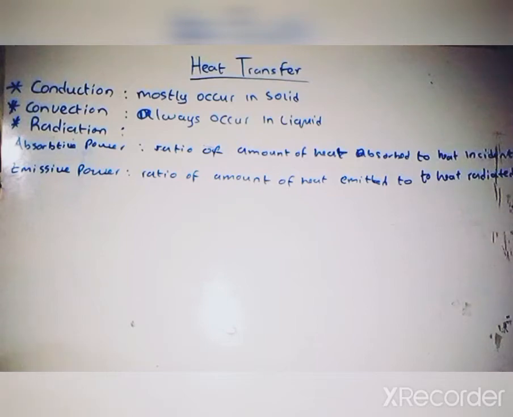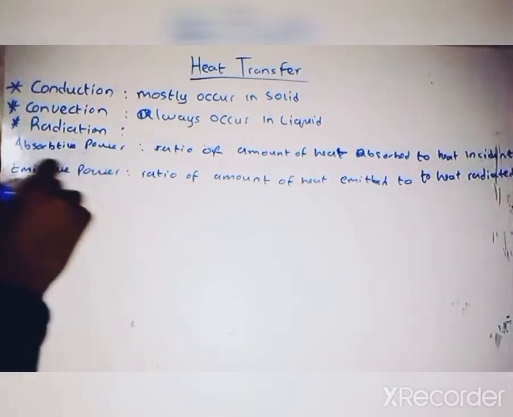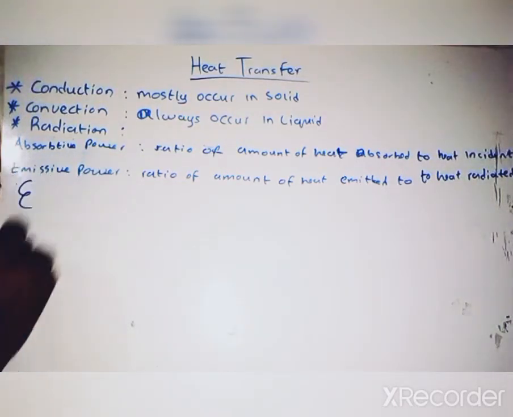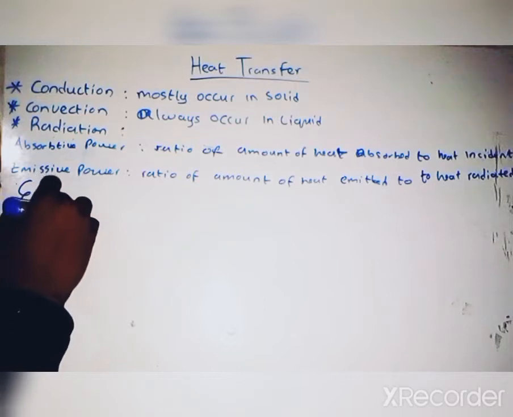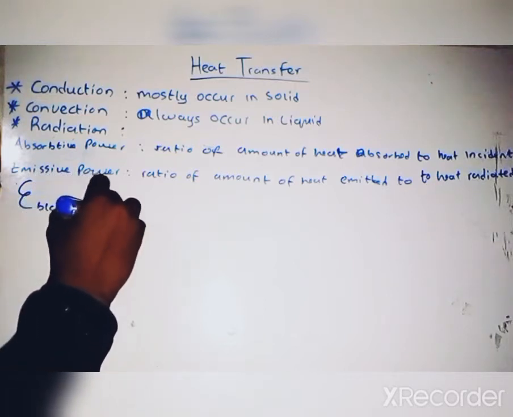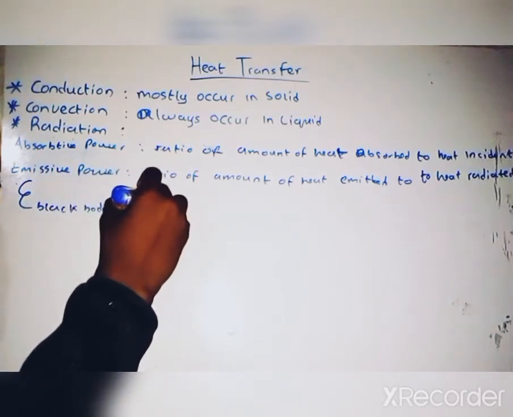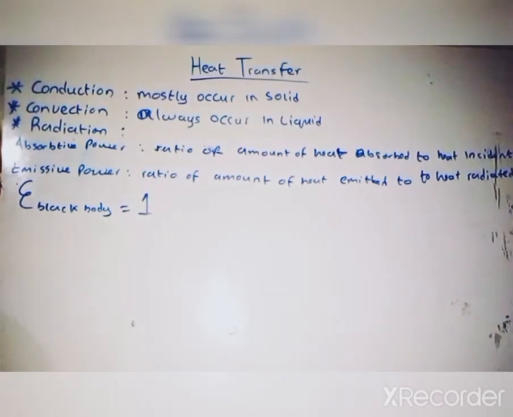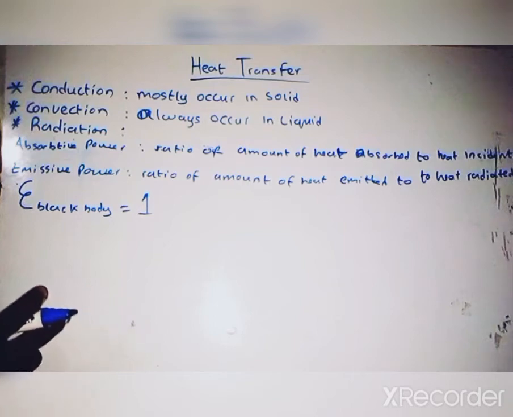Now we have what we call emissivity of a black body. Emissivity is always 1 for a black body. So emissivity ranges from 0 to 1. The highest is 1 and the minimum is 0.